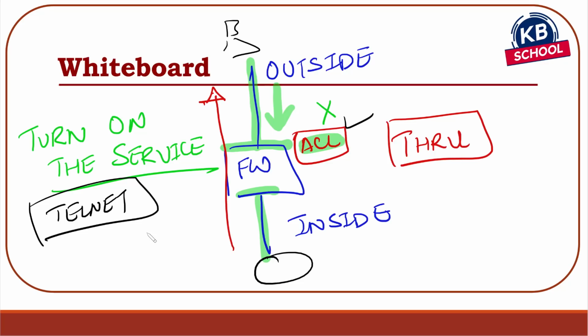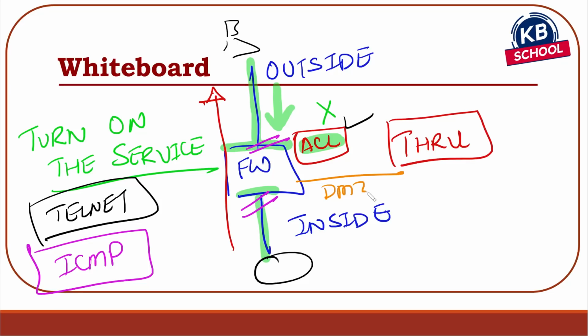The only service that's on by default is the ICMP service, for testing purposes to see if the connectivity is there. So by default, anyone and everyone can ping the firewall from the outside to the outside interface, inside to the inside interface. You cannot go through it, but to it you can. So outside can ping the outside interface, inside can ping the inside. If you happen to have a DMZ, the DMZ devices can ping the local interface over here.